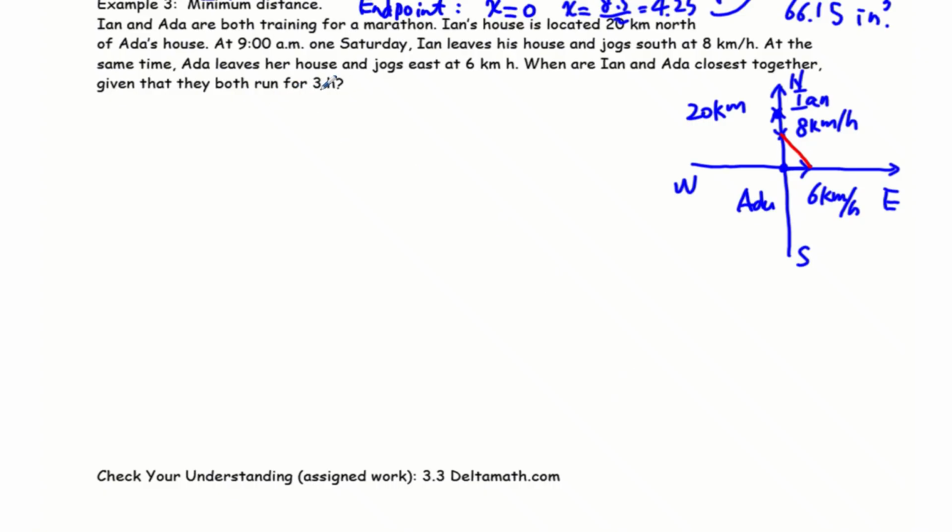Given that they both run for 3 hours, this one gives endpoints. So t belongs to 0 to 3, from 0 hours to 3 hours. And so close together, then we know that we are going to introduce the variable for the distance.